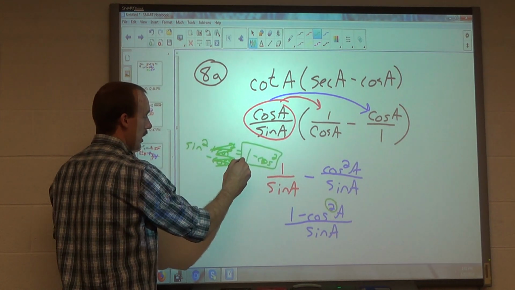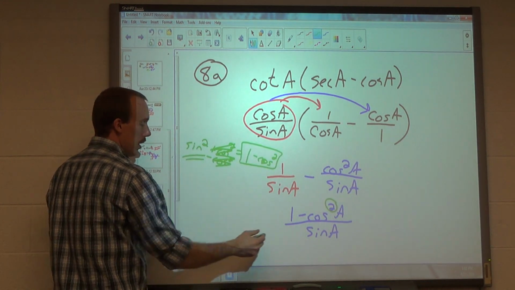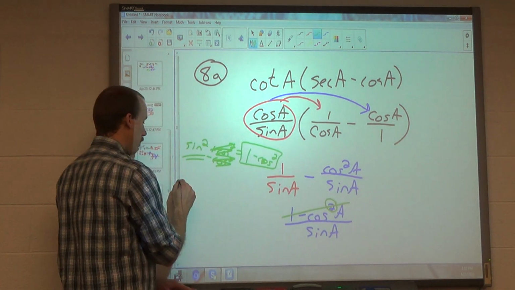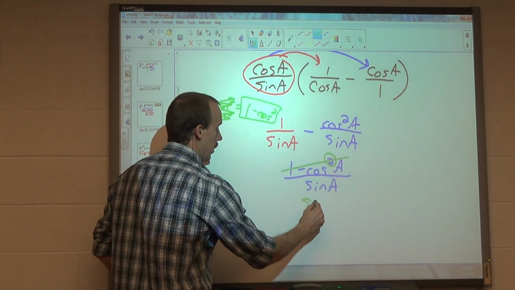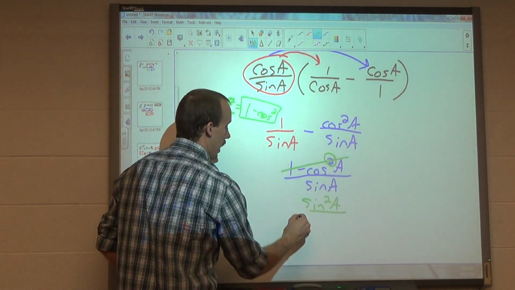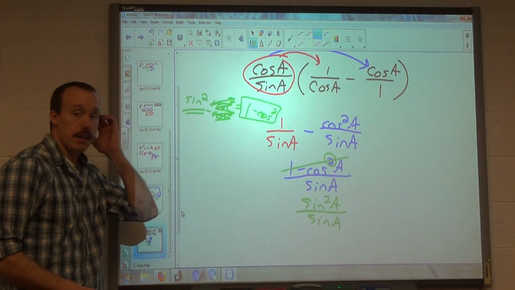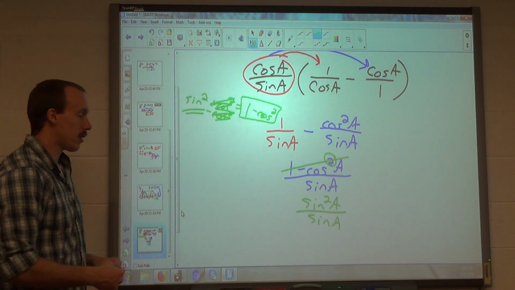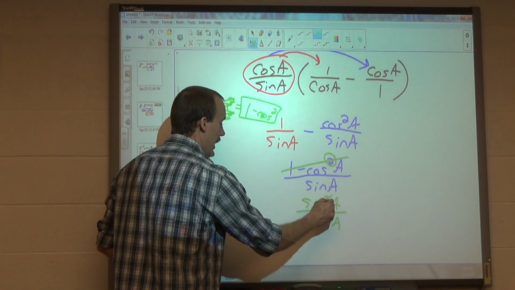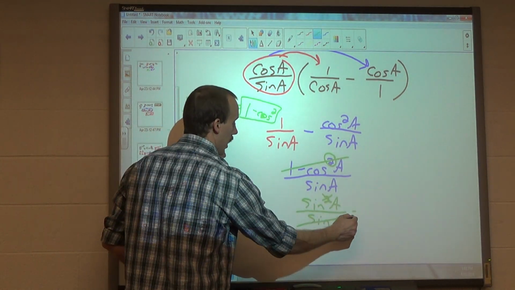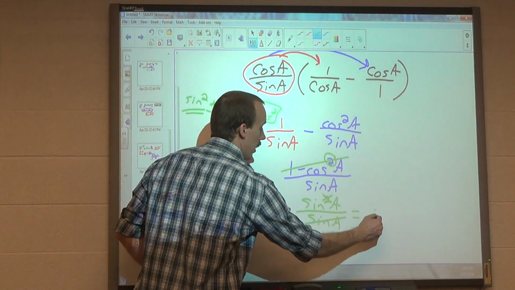What's 1 minus cosine squared the same as? Sine squared. So this turns into sine squared A over sine A. And then what can cancel? The squared. I cancel one on top and one on bottom, and I'm left with sine A.